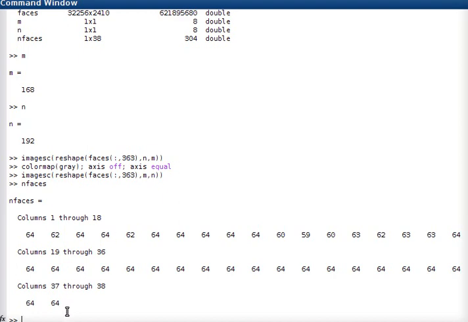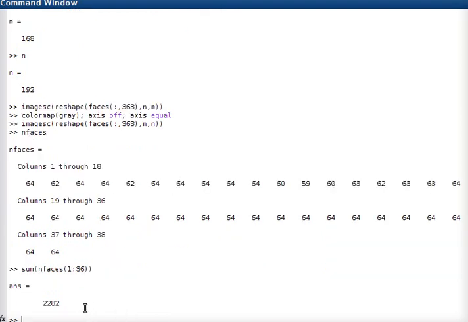Okay, so if I want the photos representing the first 36 people, I would sum the first 36 values here. If we do that, sum n faces 1 to 36, we're going to use 2282, so our matrix is going to be 2282 columns long.